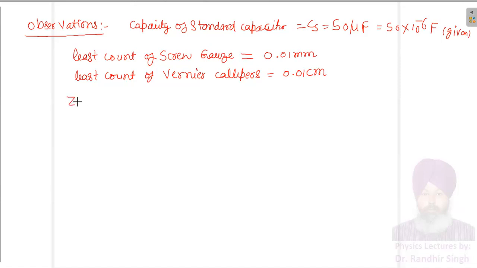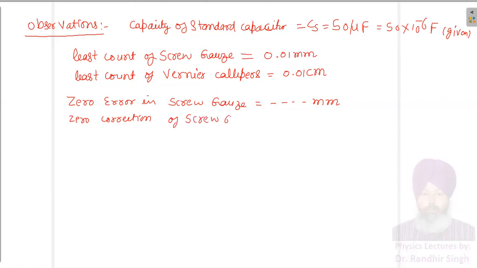Then what is zero error in screw gauge? That you also know how to find it. So it will be in millimeters. We will find it and then I will write it here. And what is zero correction of screw gauge? This we will find in millimeter. It will be actually negative of zero error.